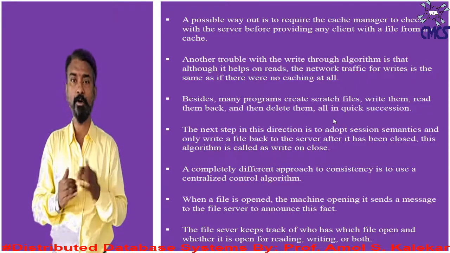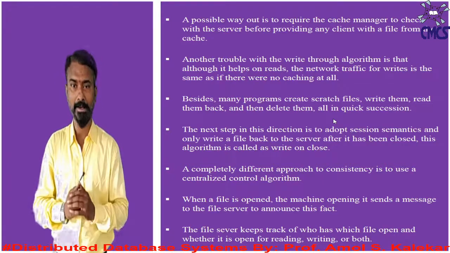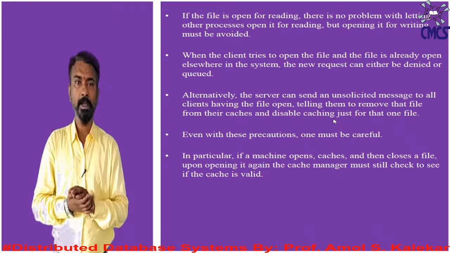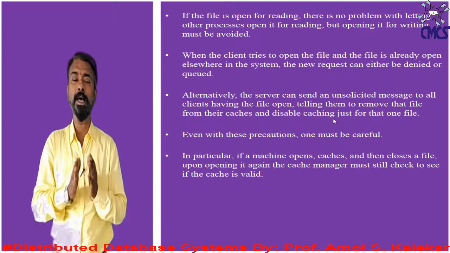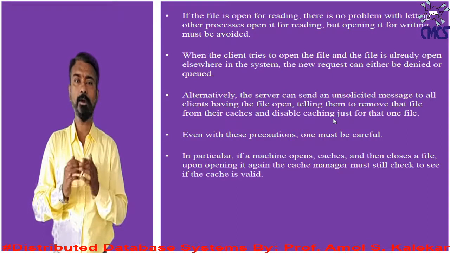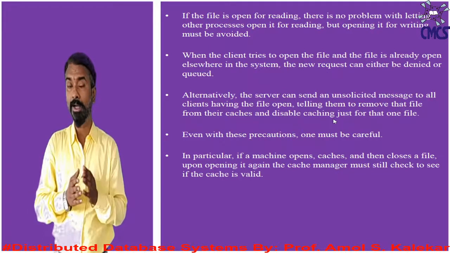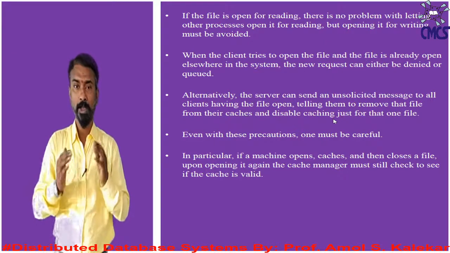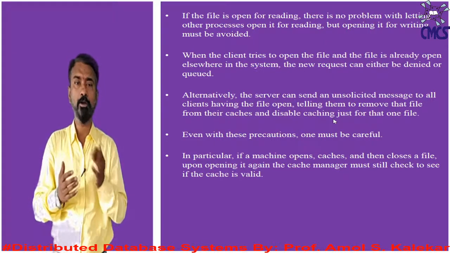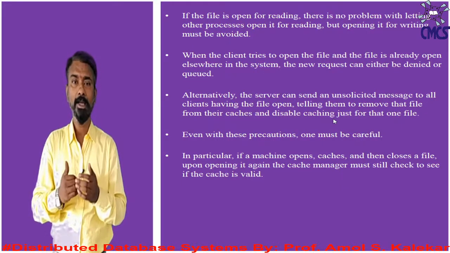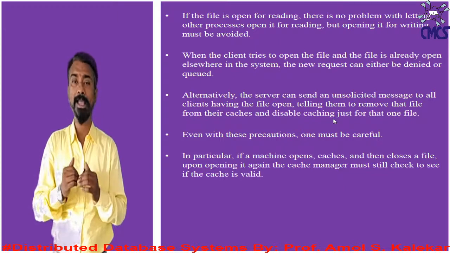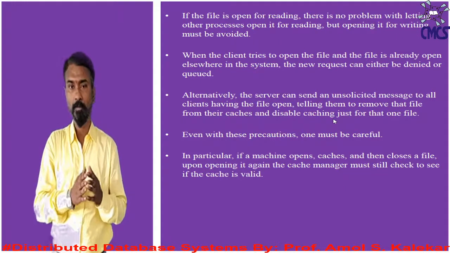Now if the file is open for reading, there is no problem with letting other processes open it for reading, but opening it for writing must be avoided in these circumstances. Now again, when a client tries to open the file and the file is already open elsewhere in the system, the new request can either be denied or it can be queued.